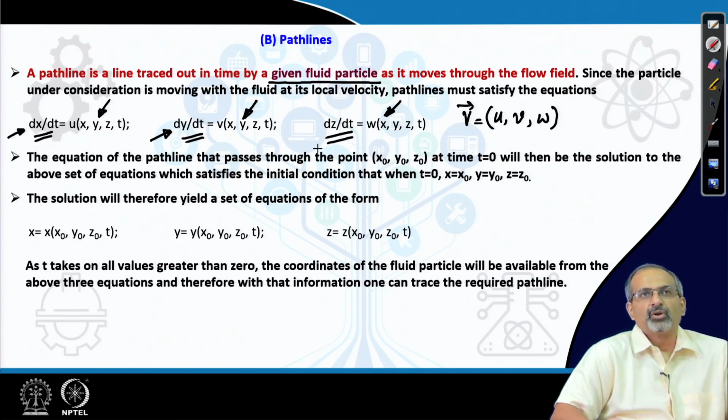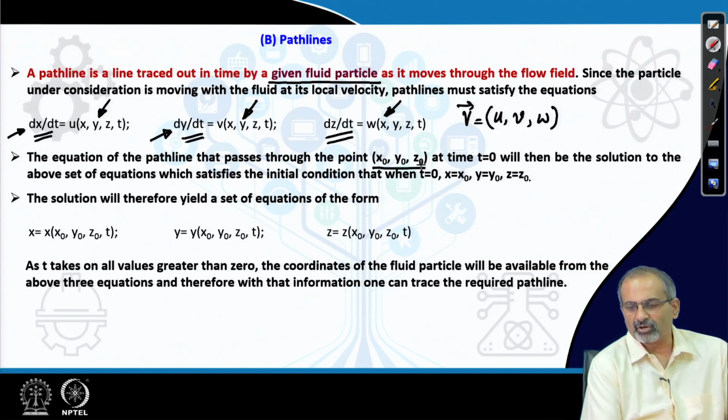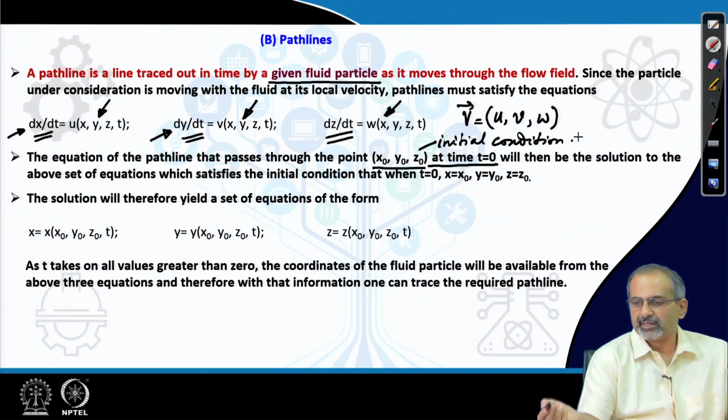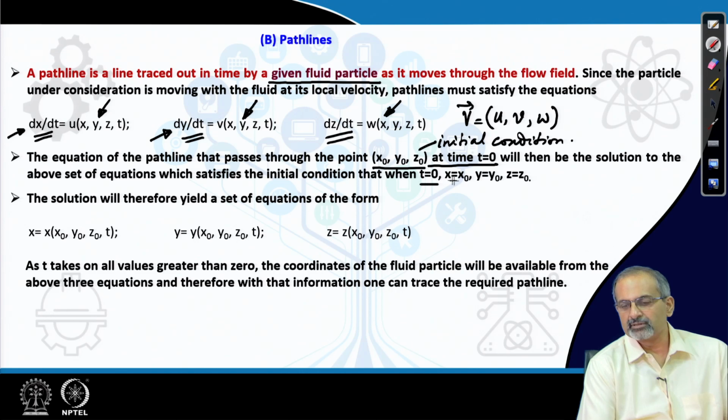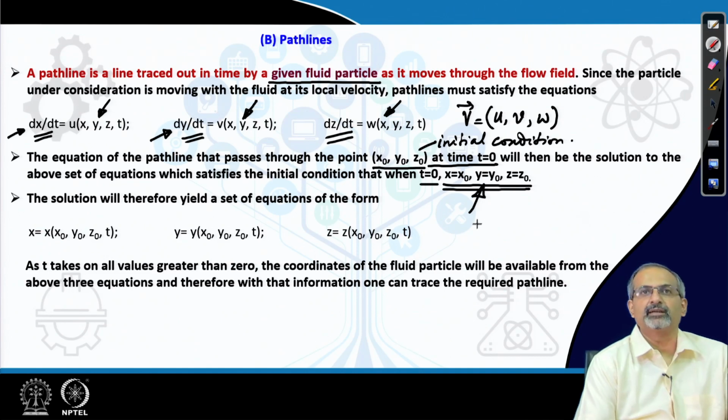The equation of the path line that passes through the point x naught, y naught, z naught at time t equal to 0, you remember that this was part of the initial condition, will then be the solution to the above set of equations which satisfies the initial condition that at t equal to 0 these were the values. That means, at t equal to 0 the particle was located at this location, and subsequently the locations changed.